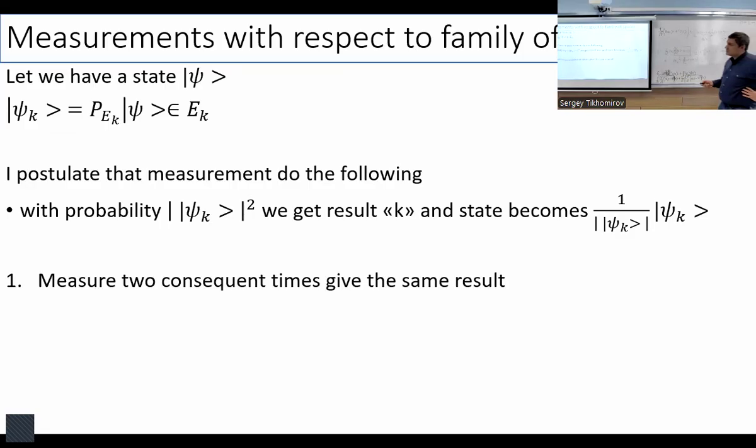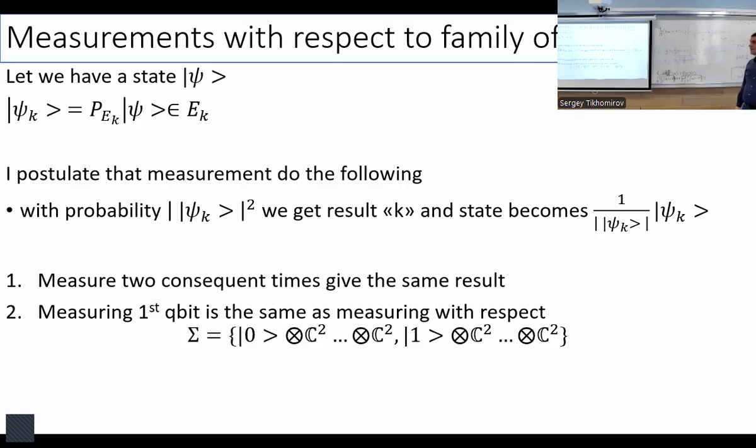What I can say, first of all: 2 consecutive measurements with the same thing will give you the same result, because after projection you are in the space Ek, so the next time all other projections will be zeros. The second thing is that measuring 1 qubit is a special case of this story. If I would like to measure the first qubit, I consider 2 hyperplanes.